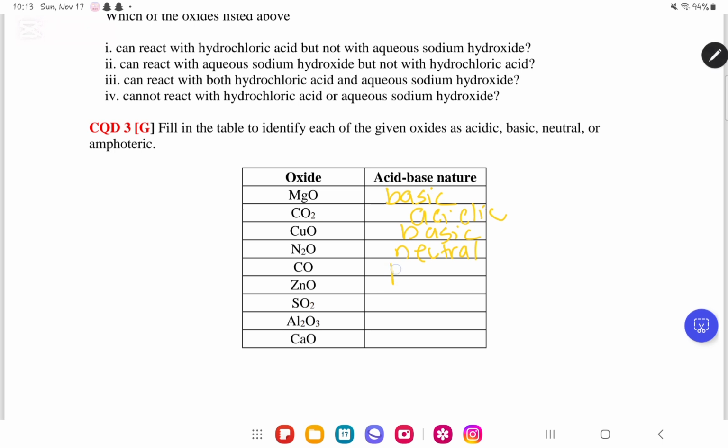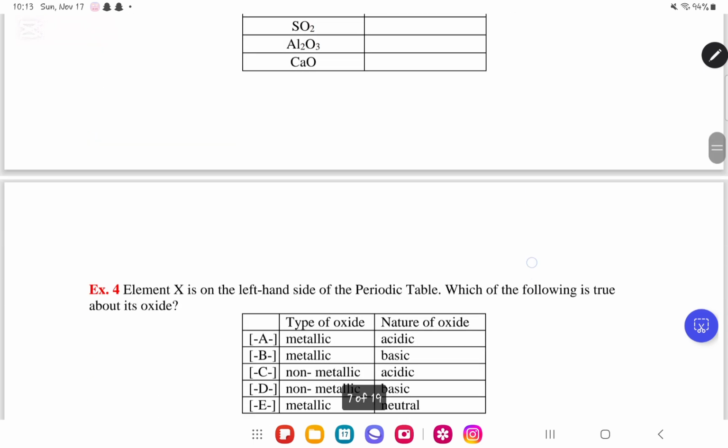CO is also neutral. ZnO is amphoteric. SO2 is non-metal plus an oxide, so it is acidic. Al2O3 is amphoteric. And then finally, CaO is a metal and an oxide, so it is then basic. So that's CQD number 3 done.